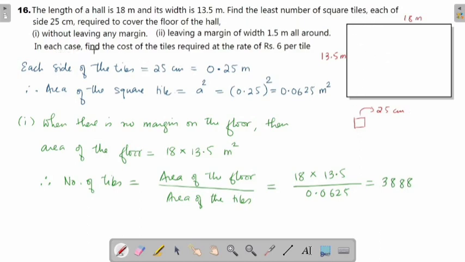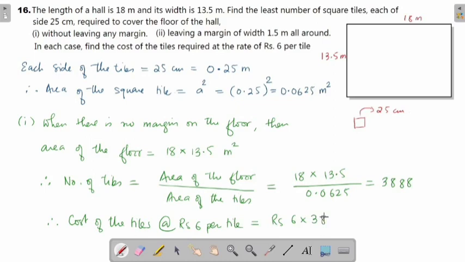The next part says, in each case find the cost of the tiles required at the rate of rupees 6 per tile. Now if the cost of one tile is rupees 6, then you have to find the cost of the entire tiles. So the cost of the tiles at the rate of rupees 6 per tile will be rupees 6 into how many tiles we have.